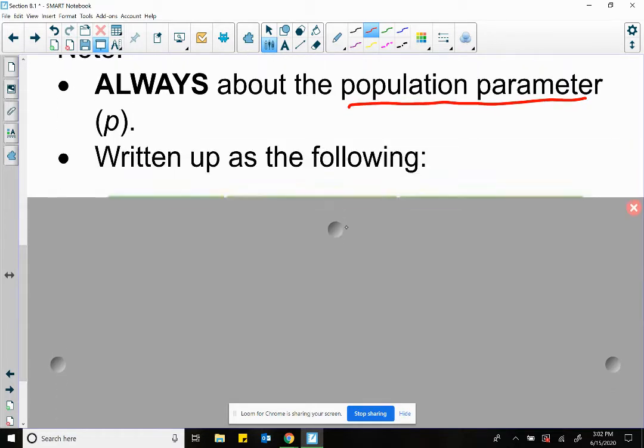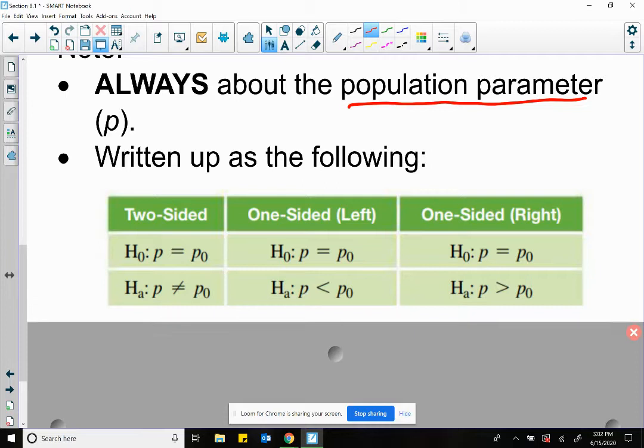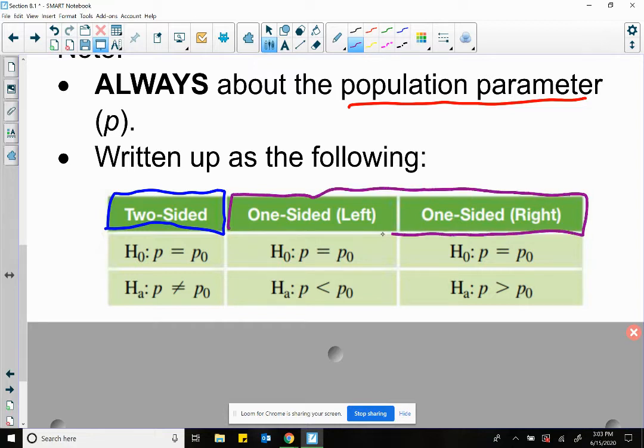All right. So how is it written up? Well, you have two types of hypothesis testing. You have what we call a two-sided or two-tailed hypothesis test, or you have a one-sided or one-tail hypothesis test.